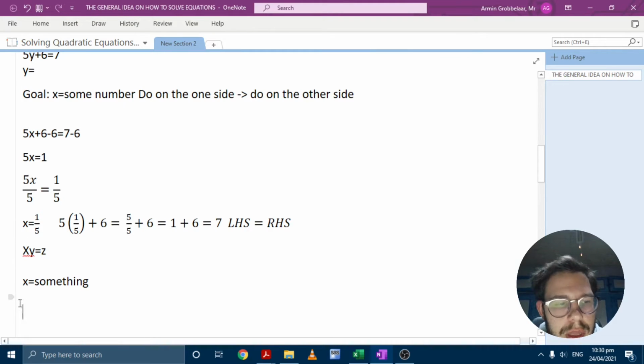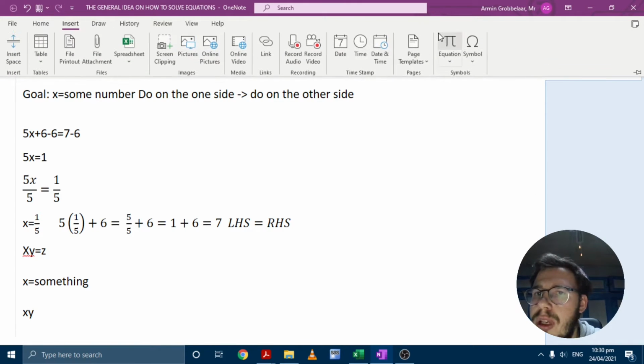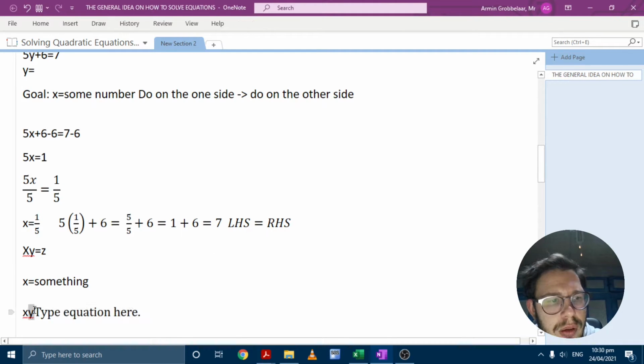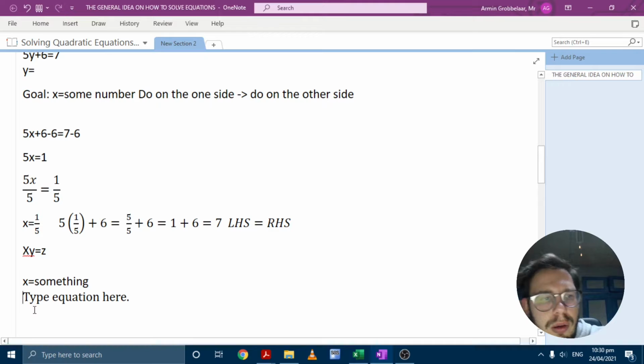So then we have xy divided by y is equal to z divided by y.